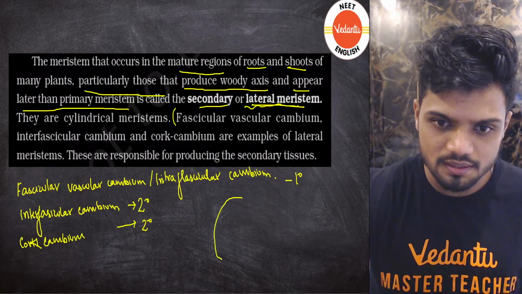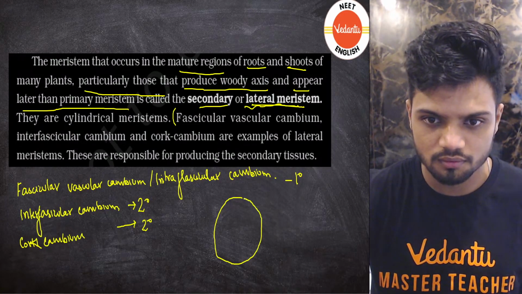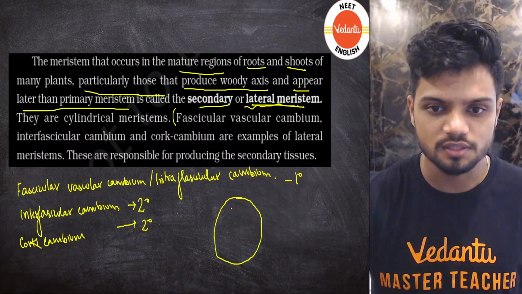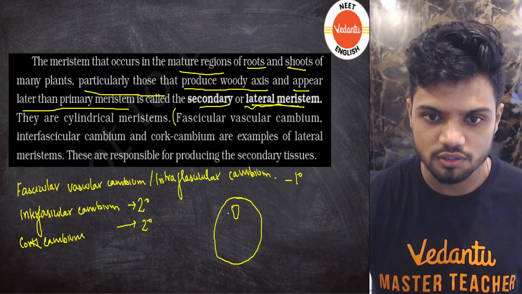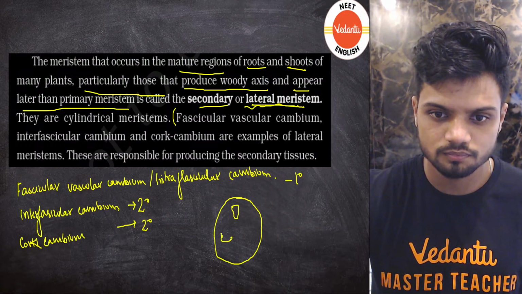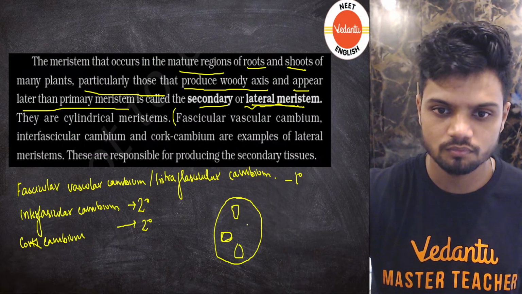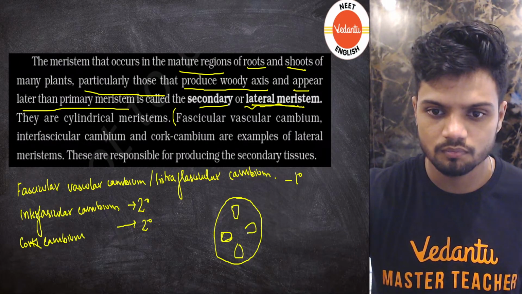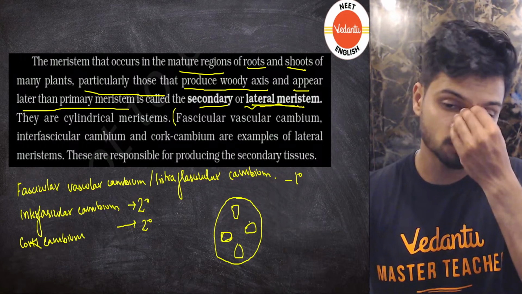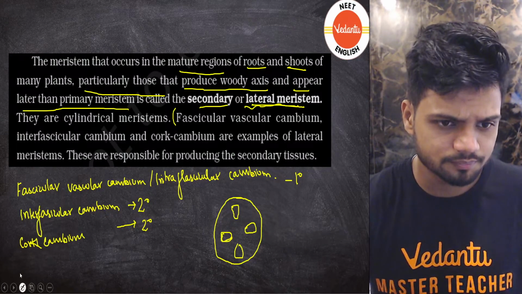For example, if you take a section of the root, this is a small section. Here we have vascular bundles. Now, understand the diagram very well.